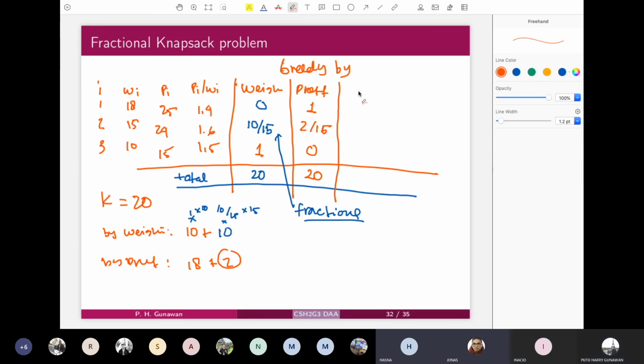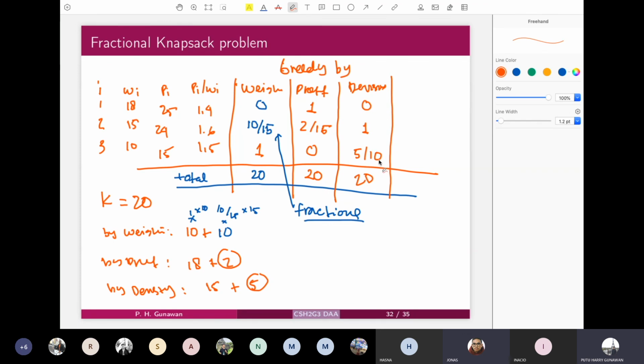And how about by density? We pick the largest density. Similarly, we choose this one. Then I have 15, and the remainder is 5, so the second one is 5 over 10, and this is 0, and this is 20.